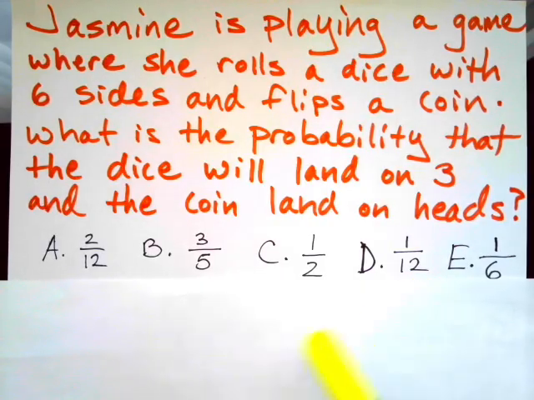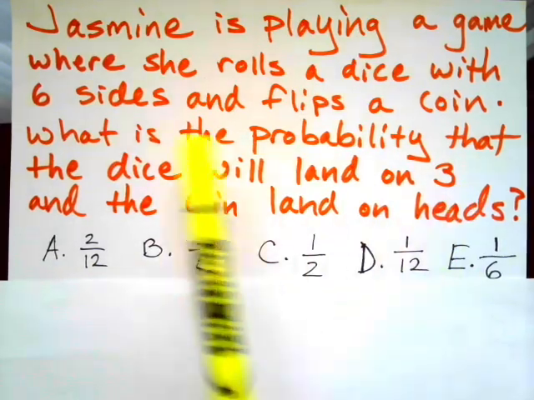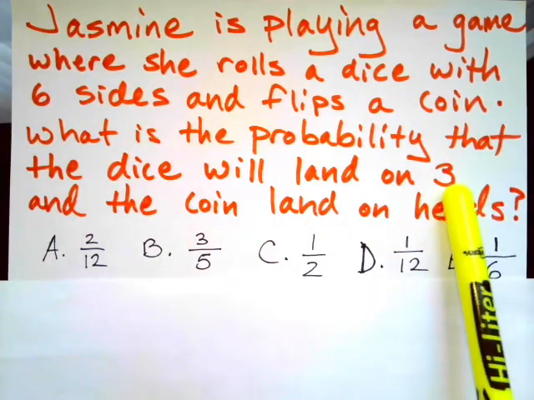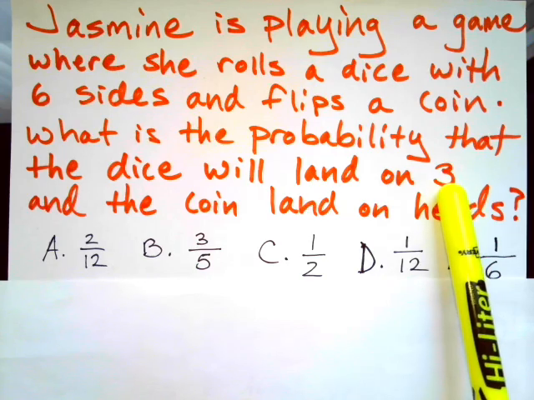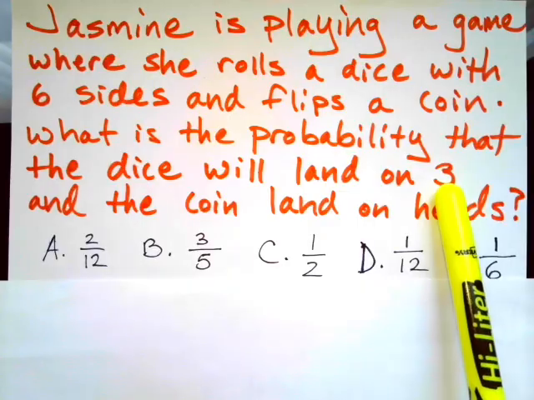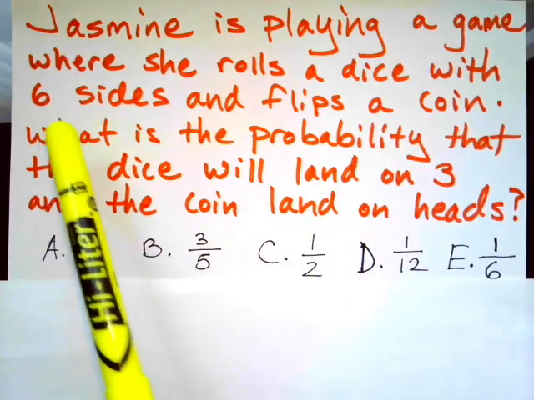Okay, so I don't know those, so now I'm going to go through and show you how to find that probability. I'd ask you, if you're going to have a 6-sided dice where you want 1 out of the 6 sides to land, right? 3 is one option out of 6.